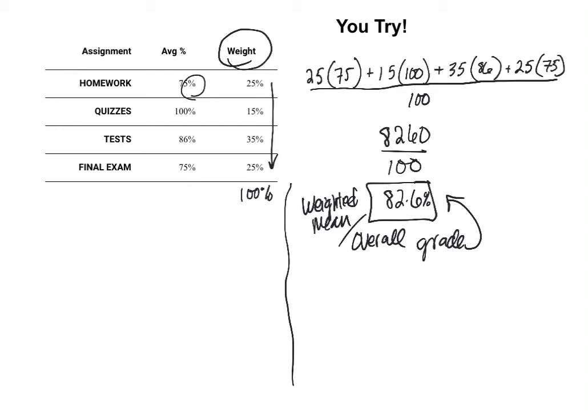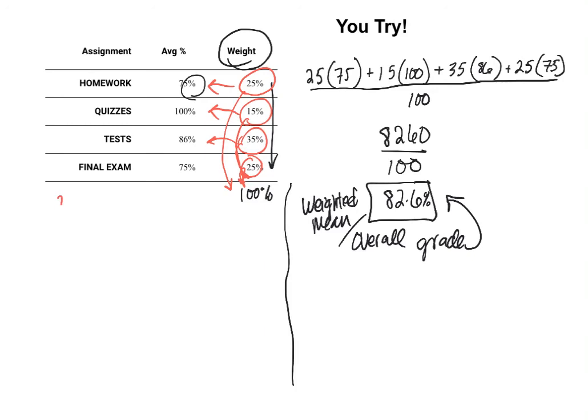We can also think about this from a fractional or proportional perspective. That is, 25 out of 100 is associated with a score of 75%. 15 out of 100 is associated with a score of 100, and so forth. So these percentages out of the total are fractions. And I realize I just drew over there, and it's probably making things complicated.